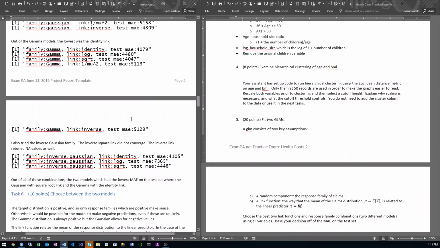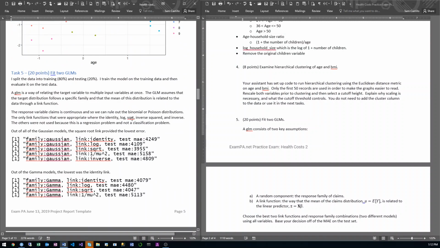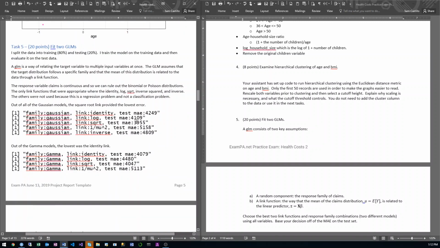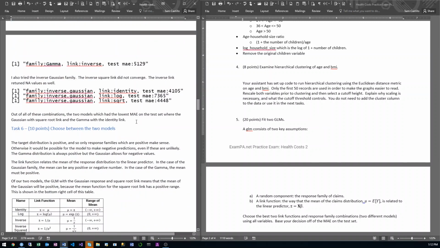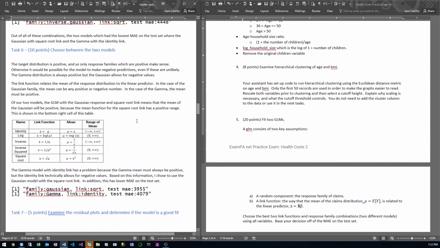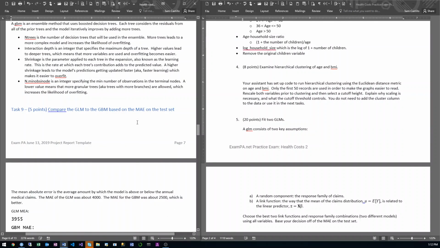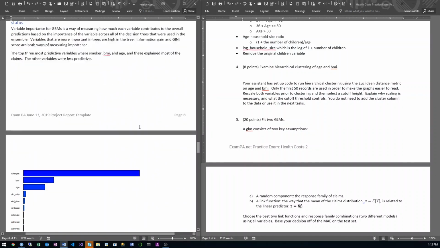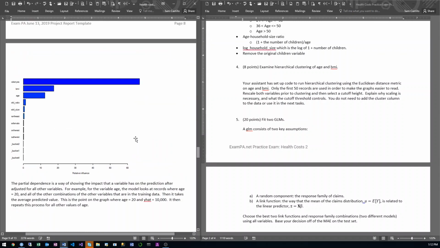Fitting the GLMs. I think that I have a good description here. Yeah, I think I have enough information. I think this would be enough to pass.